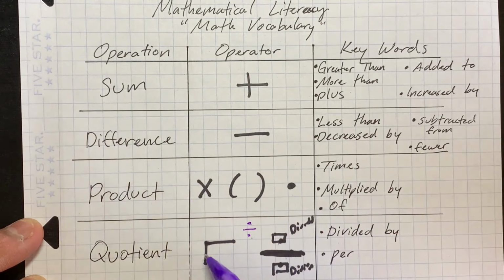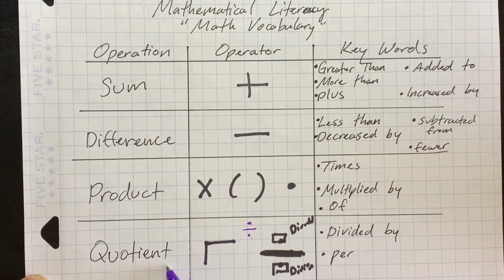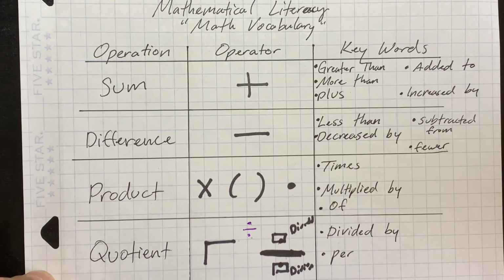Okay. You also have that box here that you can use. Now these operators, again, tell you to find the quotient, the answer to a division problem. Keywords here that tell you to divide are divided by and the word per. Again, they all tell you to find the quotient, the answer to a division problem.